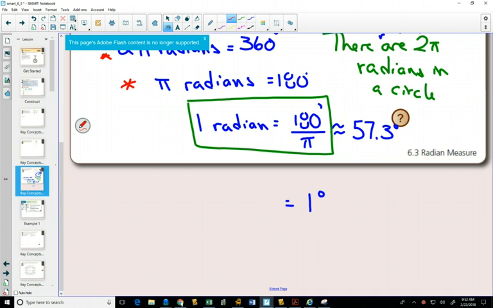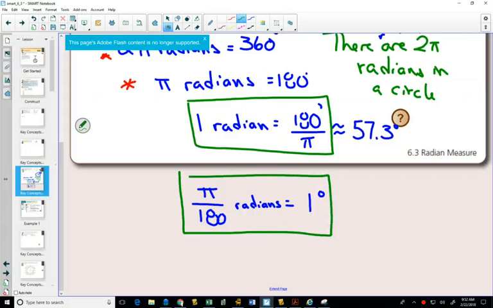If I want to get from 180 to 1 degree, I would have to divide by 180. So I would have to do the same thing on the other side, so pi over 180 radians is equal to 1 degree.